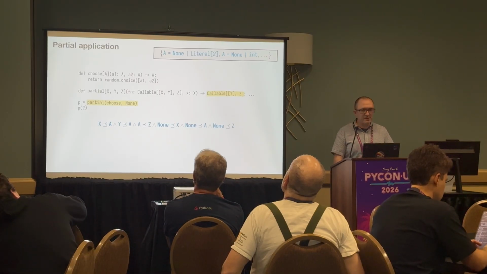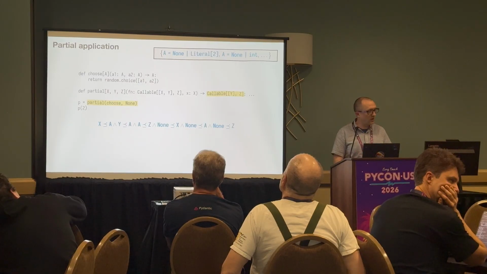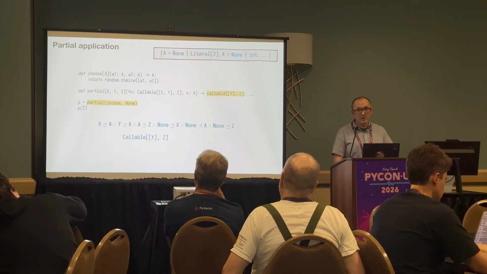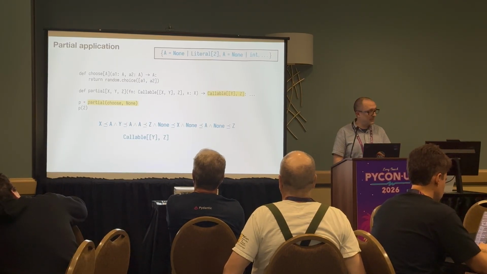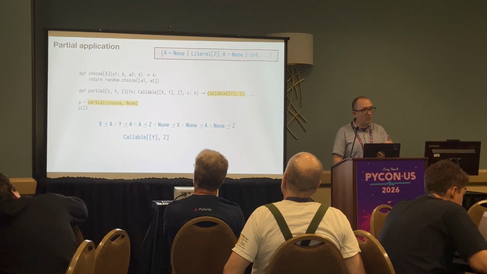Okay, so next, we're still aiming towards finding the type of P, which is the result of calling partial. So now we have a return type annotation here, which is what the type of P is. And we have a constraint set that lets us solve for what we want Y and Z to be here.